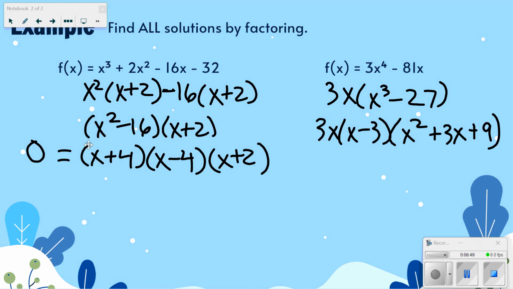With quadratics, we typically only had 2 factors. Now we're going to have maybe more than 2, or maybe one of our factors might end up being a quadratic. But we'll have to look at each scenario differently. So we're going to do the same idea of setting each factor equal to 0.